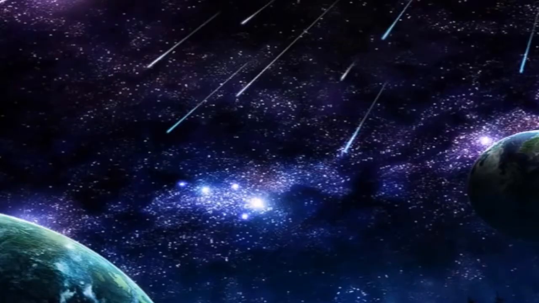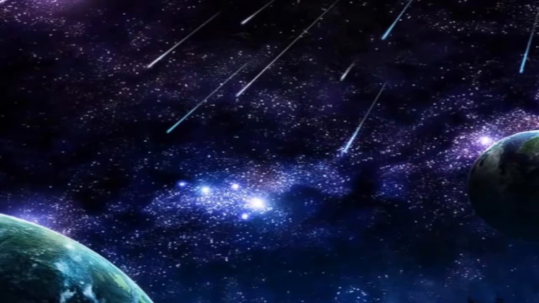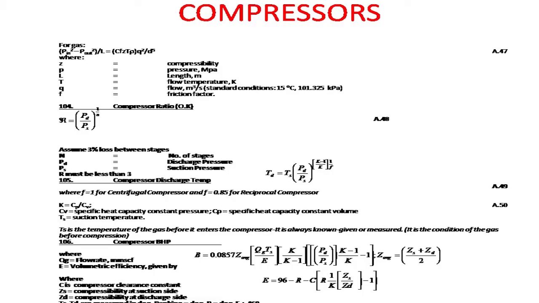Now, when we're able to calculate, we also have a formula that helps us to calculate the discharge temperature. The discharge temperature is a ratio, shown on the board. It's shown on my slide.